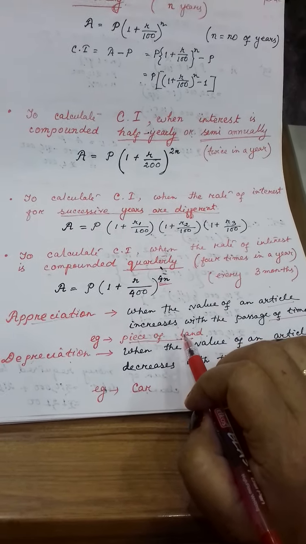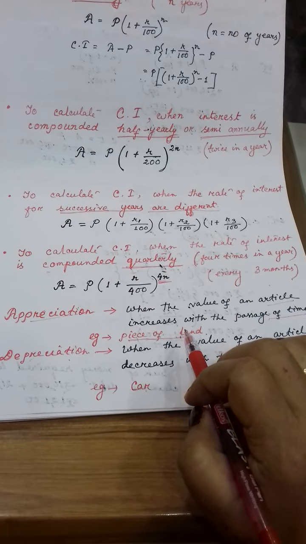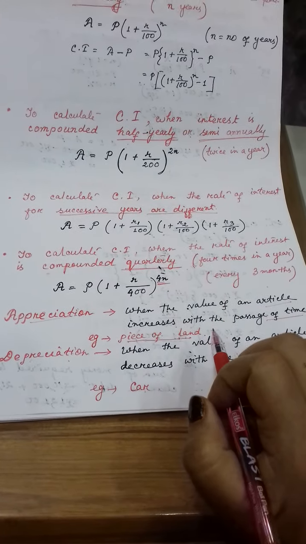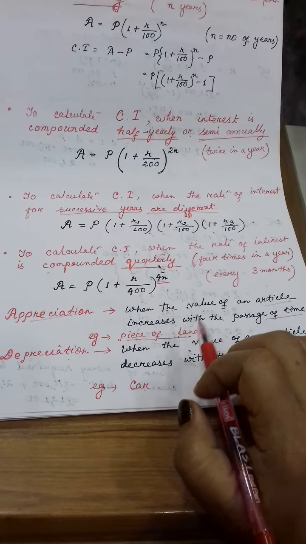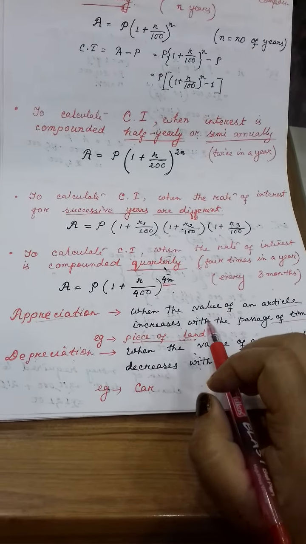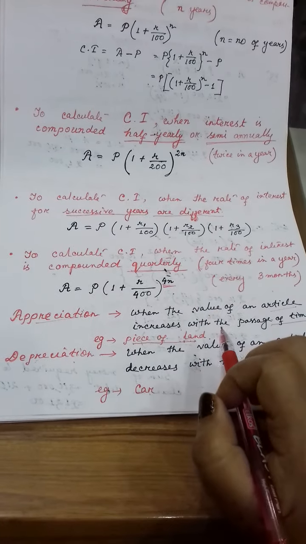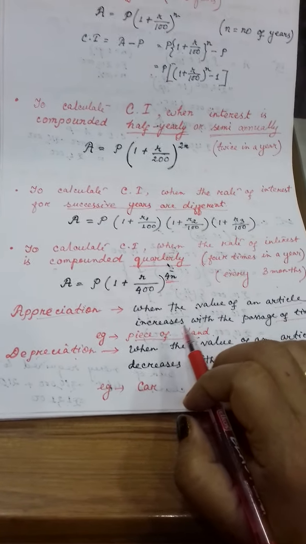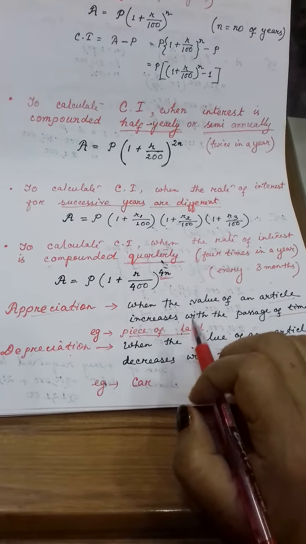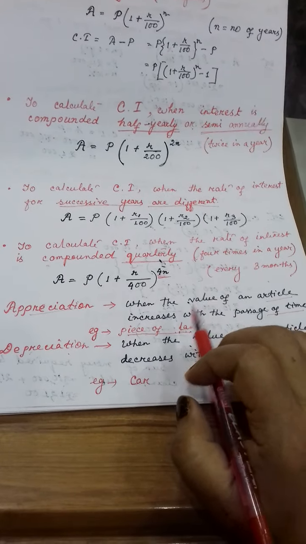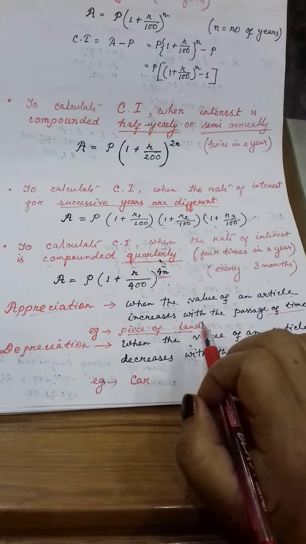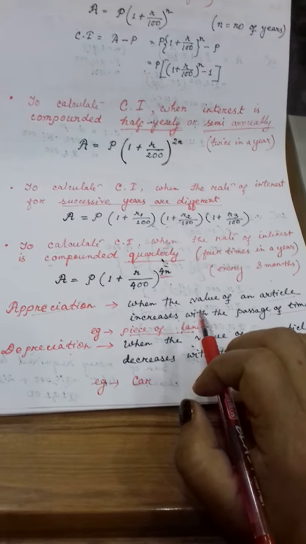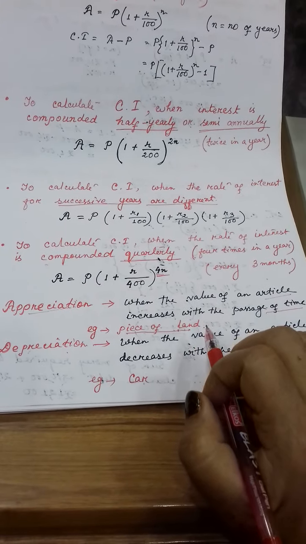Suppose you purchased the land for 5 lakhs, then when you sell that same piece of land to a third person, you may charge 10 lakhs also. So the value of a piece of land never decreases, it always increases. That extra amount is the compound interest. It will be considered as additional amount.